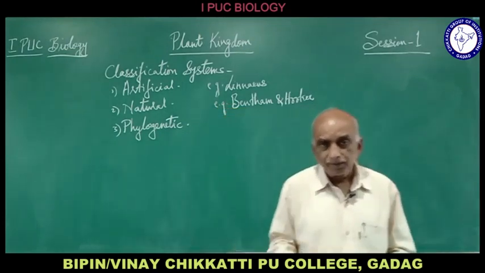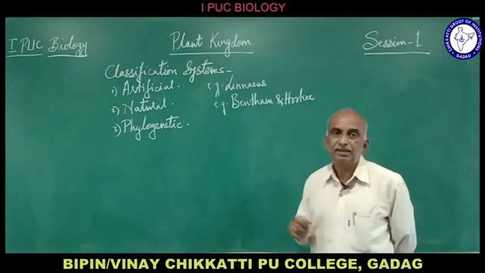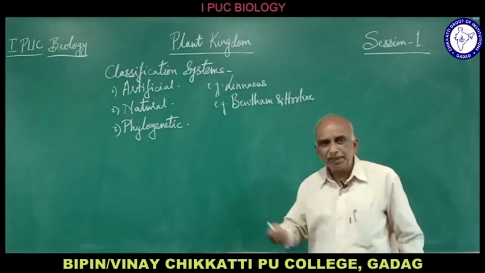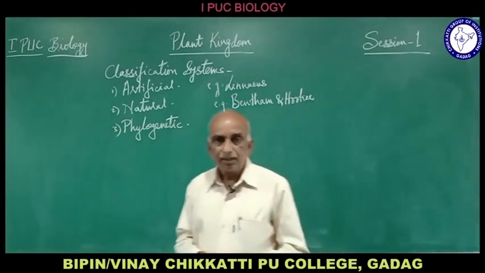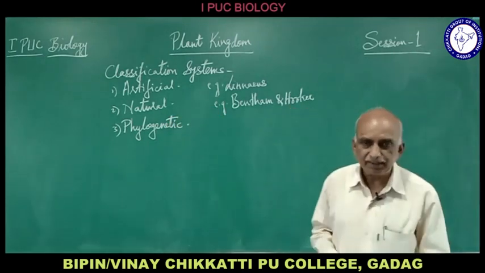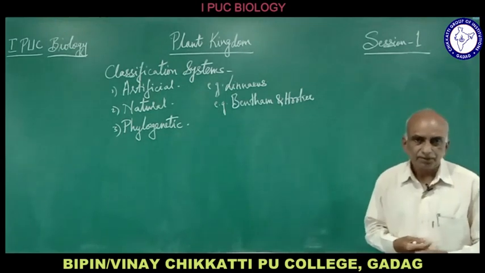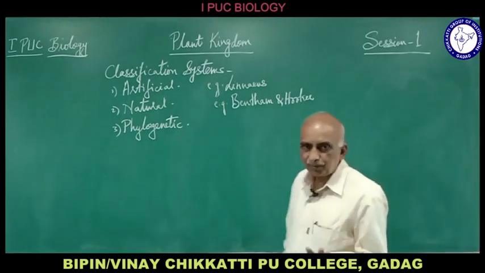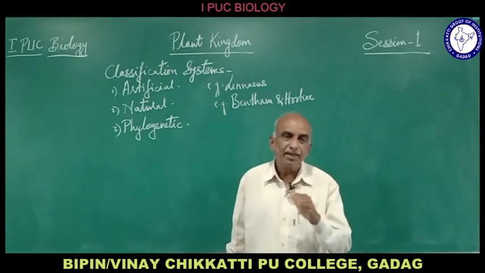So this system of classification is called phylogenetic classification. Many other scientists like Hutchinson, Bessey and Takhtajan and various others have proposed systems, which come under different examples. But what we have to understand is what the systems of classification are, and examples.